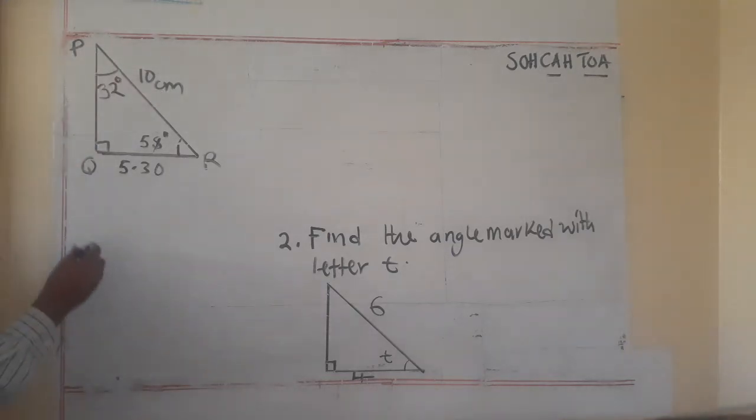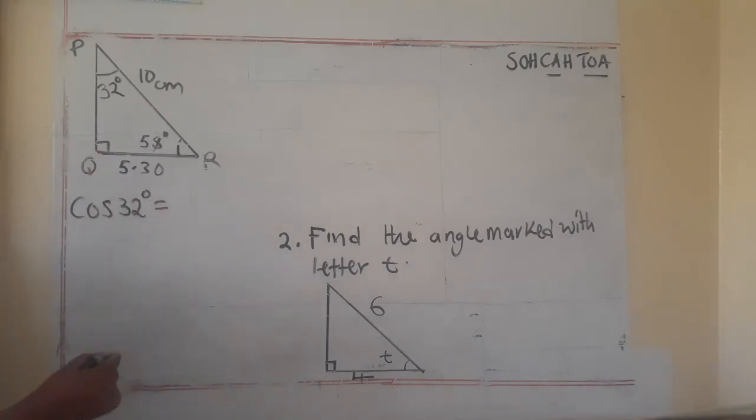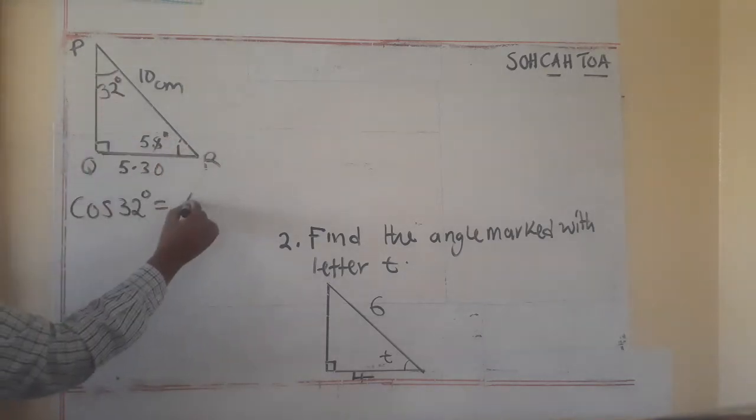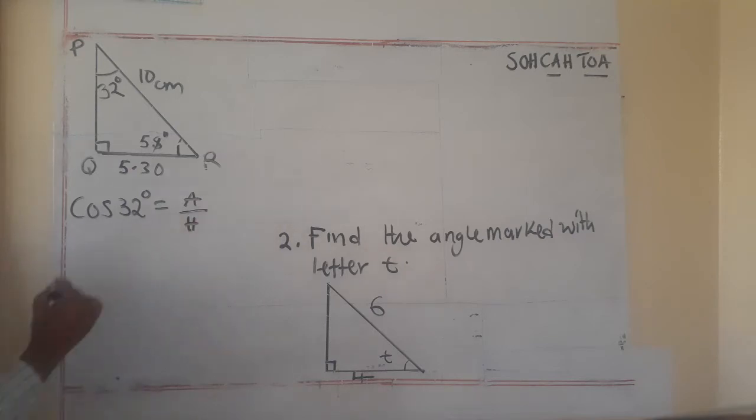So I'm going to say the cos of this angle, cos of 32 is equal to adjacent over hypotenuse. Let me write the formula: adjacent over hypotenuse. So here we say cos of 32 degrees is equal to, what is our adjacent?